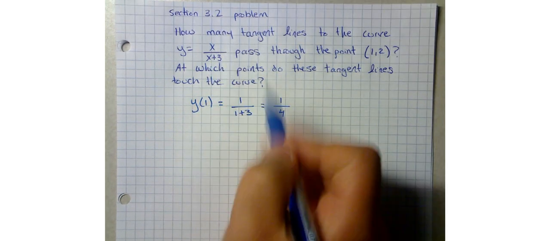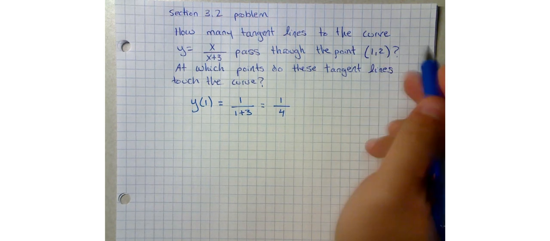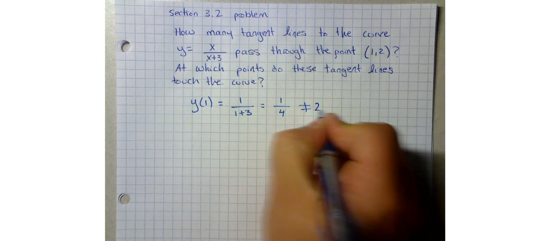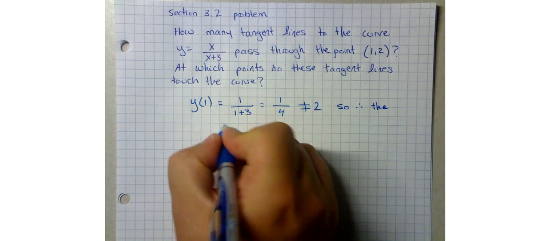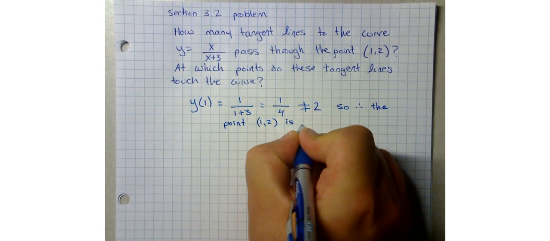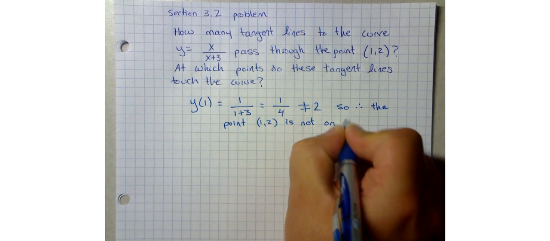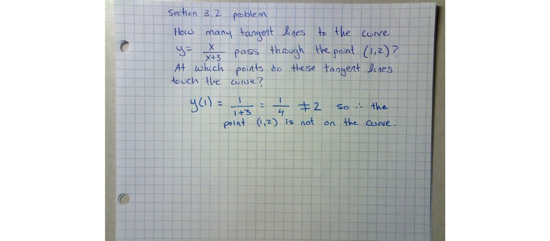Does it match the output that is given, which is 2? It doesn't match 2. So therefore the point 1, 2 is not on the curve. So step 1 is done.